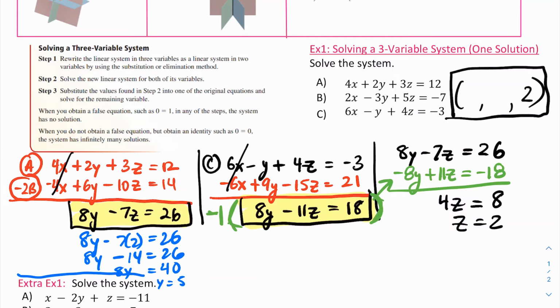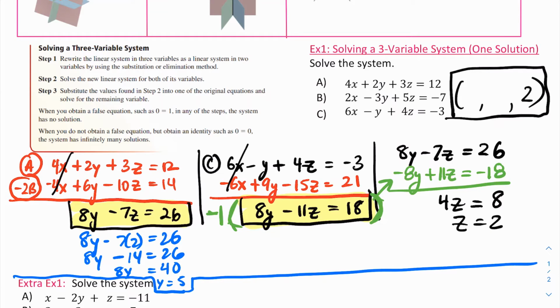Let me make sure I leave myself some room here to work. When you're doing this on your paper, you need to make sure you leave yourself some room as well. Okay, so now I have y equal to 5, and I can put that answer up here as well. So I have two answers.